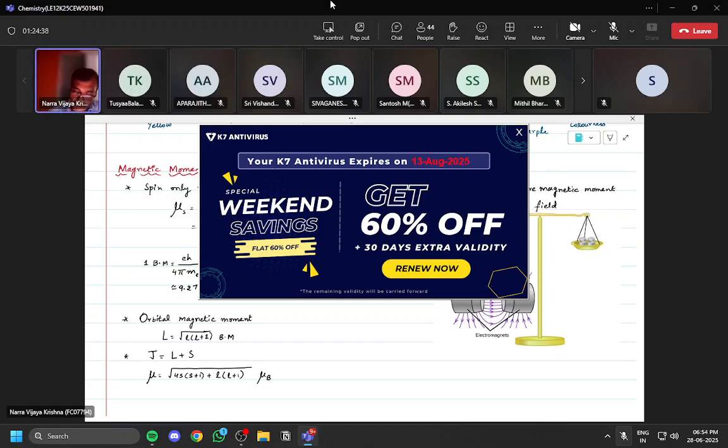Now, if the condition is MA greater than MB, what happened? In absence of magnetic field, its mass is more than in presence. Means in presence of the magnet it is repelled, so it is a diamagnetic substance.